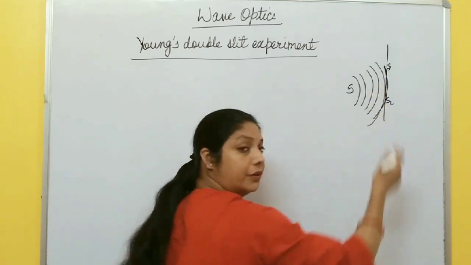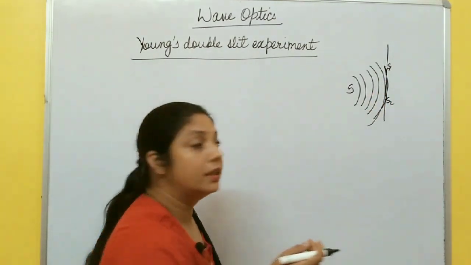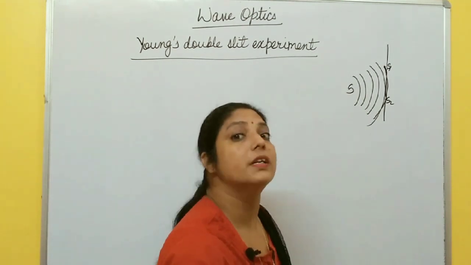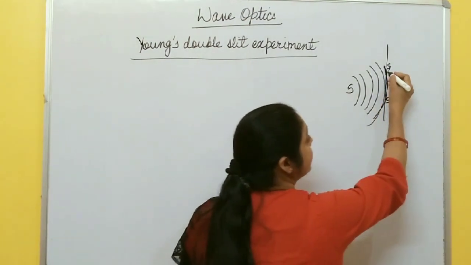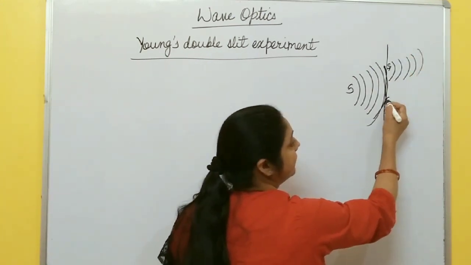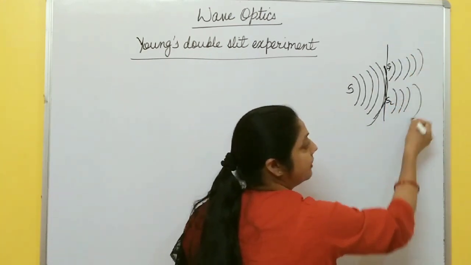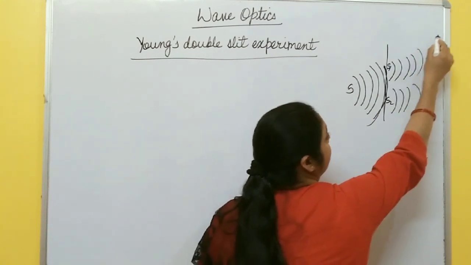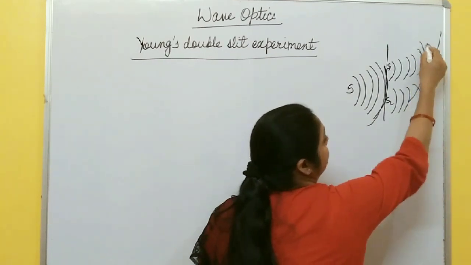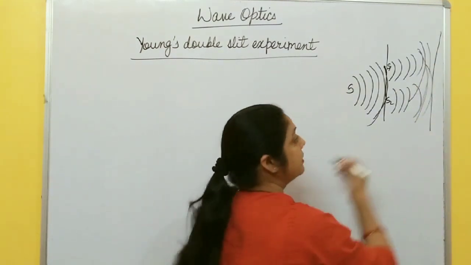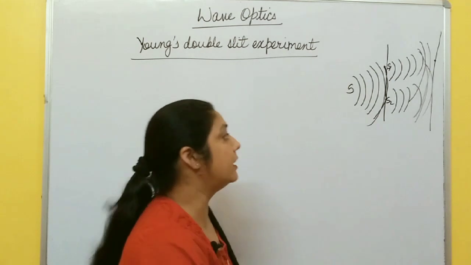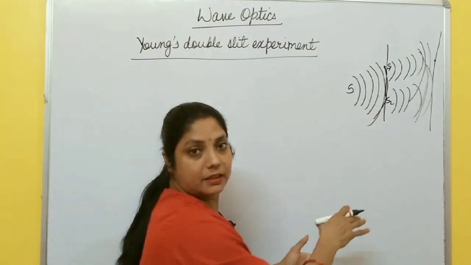According to Huygens principle, each point on these sources acts as a source of secondary wavelets. So S1 produces secondary wavelets, and this source S2 also produces secondary wavelets, and there is a screen here. These two wavelets produce an interference pattern on the screen. So this is the setup.